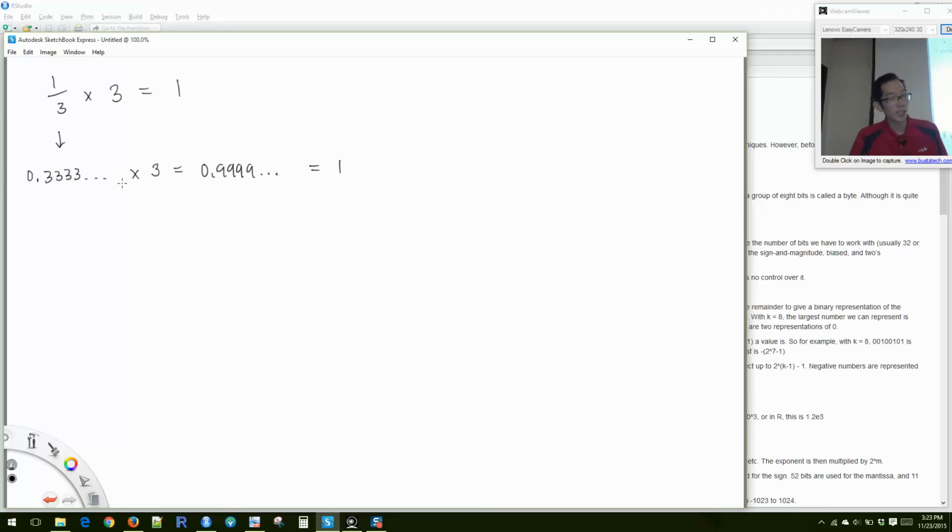With a computer, you can't store an infinite number of digits, because that would take infinite memory, and that's just not efficient. So maybe you limit yourself to using 10 decimal places.